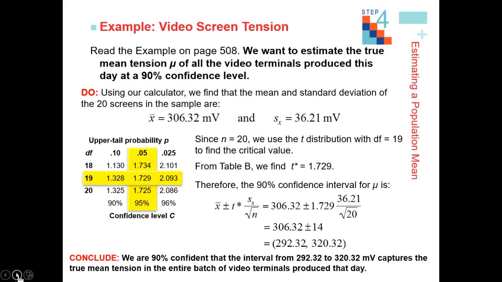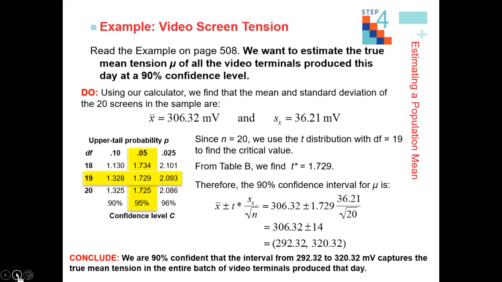We are 90% confident that this interval captures the true mean tension in the entire batch. So, in other words, that we are 90% confident that the population mean, the actual population value that we want, the parameter, lies between these two values.